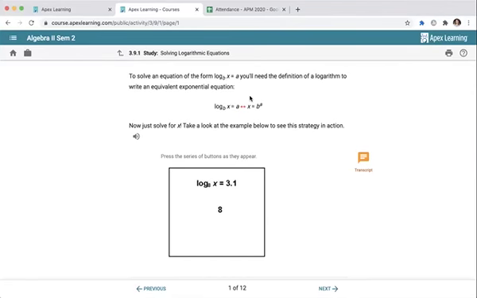What this is saying is 8 to the power of 3.1 equals x. This one is just straight understanding the relationship between log and our exponent. So if you are left with a problem like this, you just rewrite it: 8 to the power of 3.1 equals x. Put this into your calculator and solve.